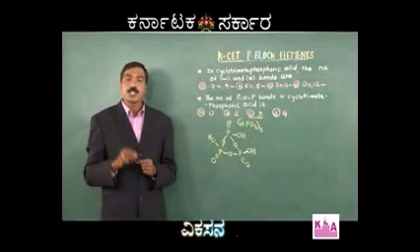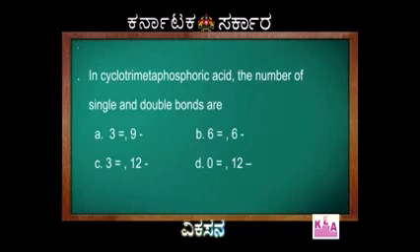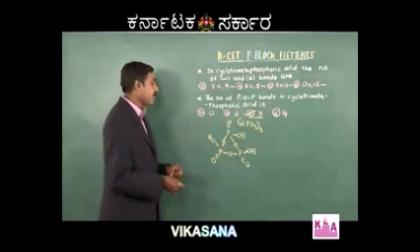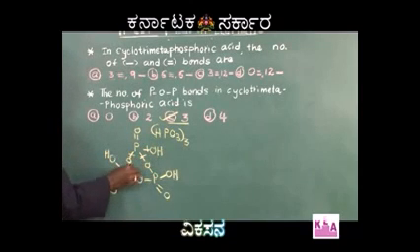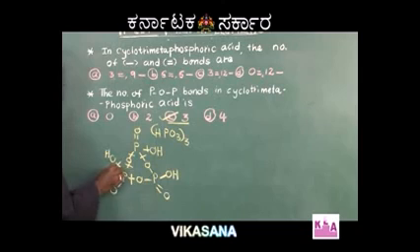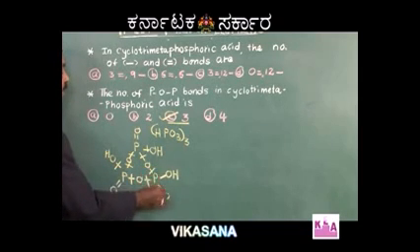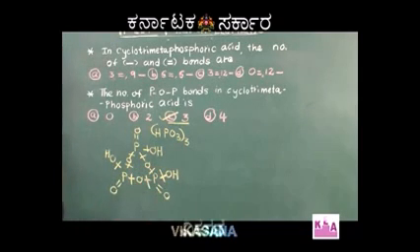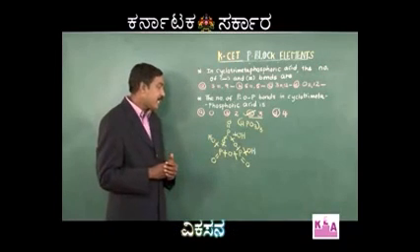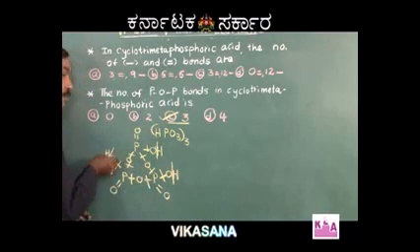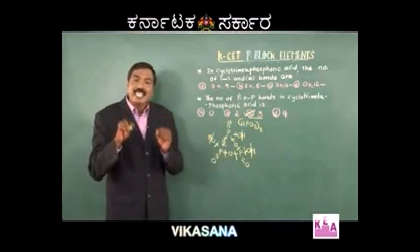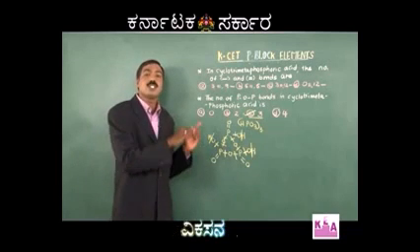Coming back to the next question. In cyclotrimetaphosphoric acid, the number of single and double bonds that are present in it. I'll have to devise it again. Therefore, let me count again. It is 1, 2, 3, 4, 5, 6, 7, 8, 9. But there's another link, as I said, that is 10, 11, 12, because there is a bond existing between oxygen and hydrogen.